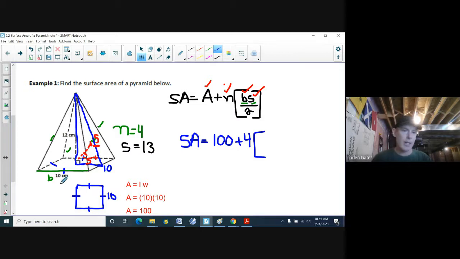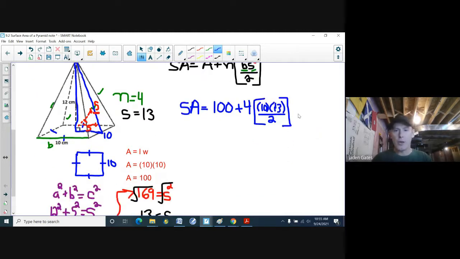Again, this is why I labeled my diagram. Then my S, that's slant height, which I found is 13, divided by 2. So now everything's substituted in.